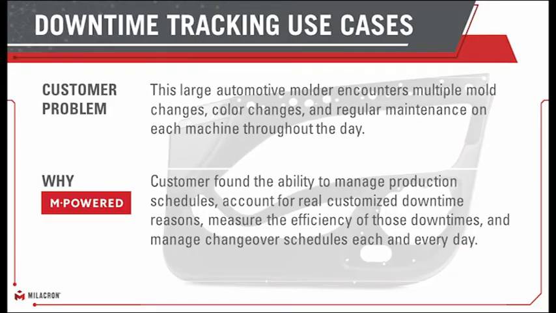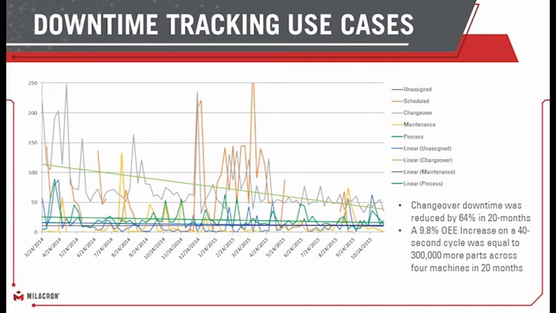This was actually our very first customer connected to Empowered back in 2014, experiencing a large amount of time when it came to mold changes, color changes, or just simple things of getting things in place to keep the machine operating effectively. So they had their teams focus on a set of machines and say, we're going to categorize when these are down, when they're down for maintenance, when they're down because we're waiting on material, and we're going to figure this out.